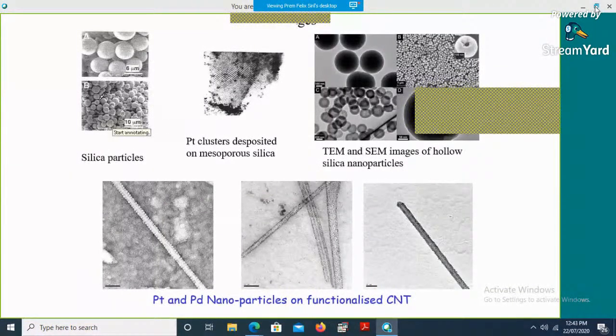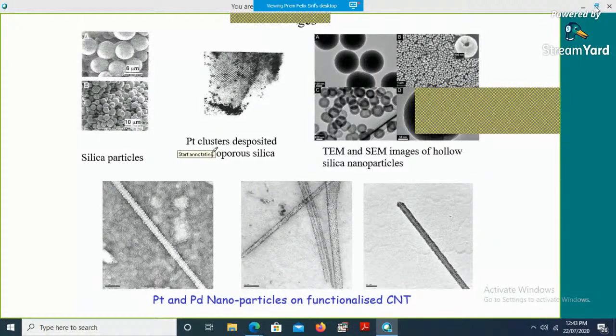Whereas if you take a TEM image, the fine narrow channels of the mesopores can be directly viewed. Apart from that, such porous materials are used as catalyst supports or adsorbent supports, where other materials like platinum nanoparticles are deposited.